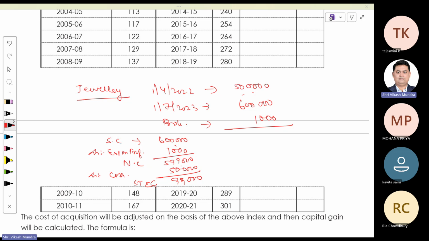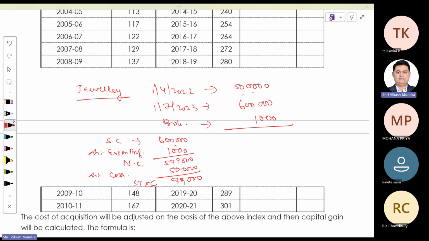However, we should not consider these as personal effects: immovable property, jewelry, archaeological collections, works of art, paintings, drawings, sculptures, art, rural agricultural land. Next, a few bonds like special bearer bond, gold deposit bond, etc. are not considered capital assets. Apart from that, all assets, whether tangible, intangible, movable, immovable, are considered capital assets.